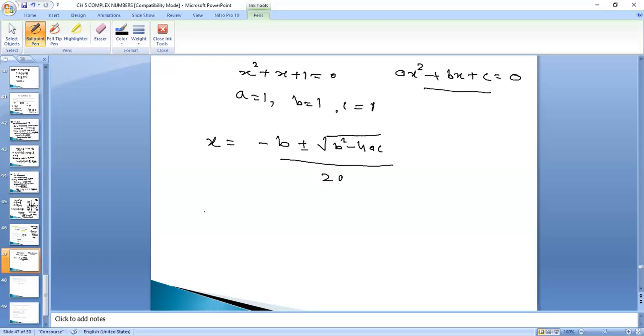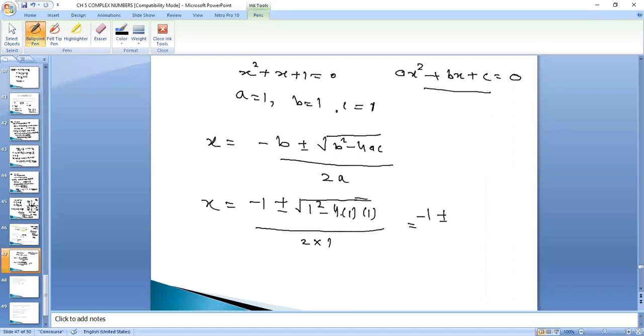So you can directly put the values. X is equals to minus b, minus 1, plus minus b square means 1 square minus 4 into a means 1 into c 1, upon 2 into 1. Minus 1 plus minus 1 minus 4 upon 2.